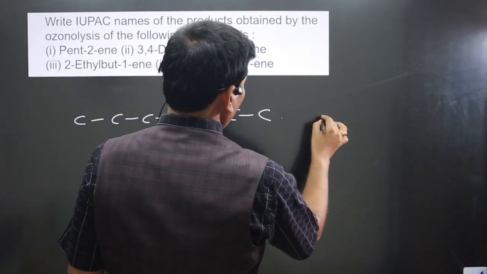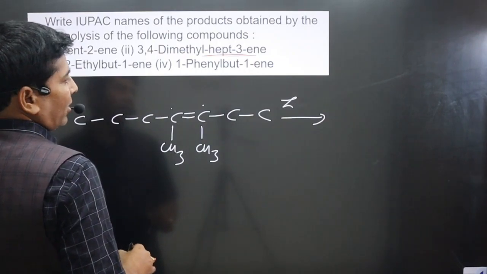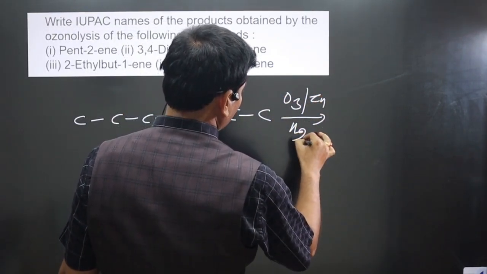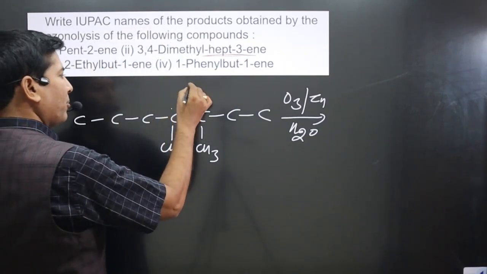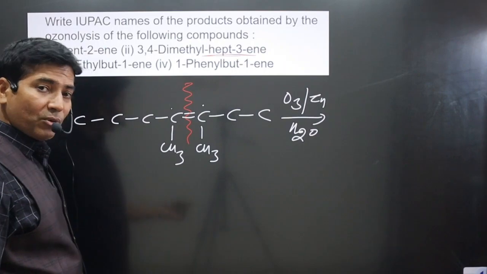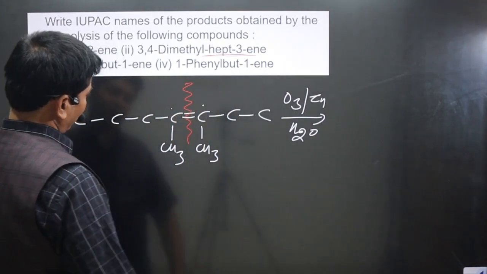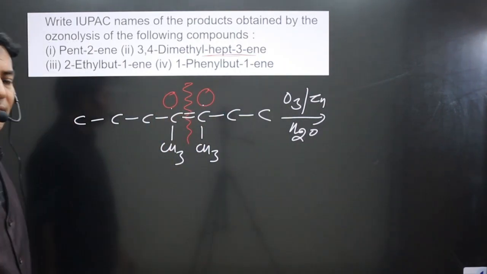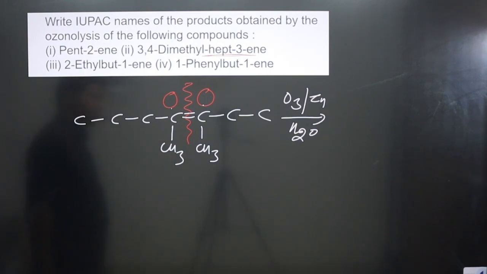In this case we have ozone, Zn and H2O. Look at the double bond here, break it. So this chain is segregated and this chain is also separated. Attach oxygen on both sides to satisfy the valency. Addition of oxygen is also an example of an oxidation reaction.